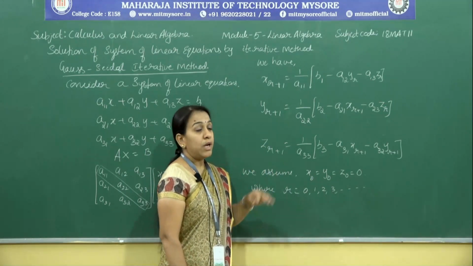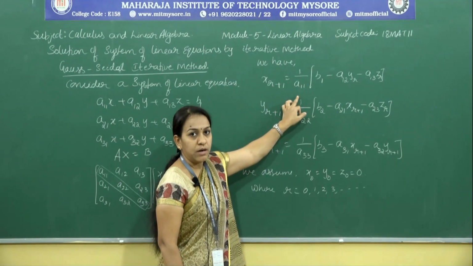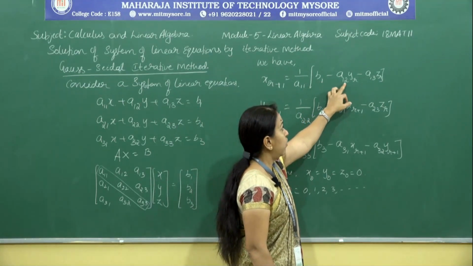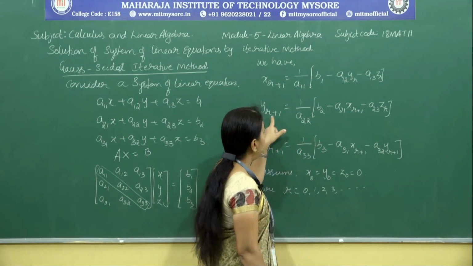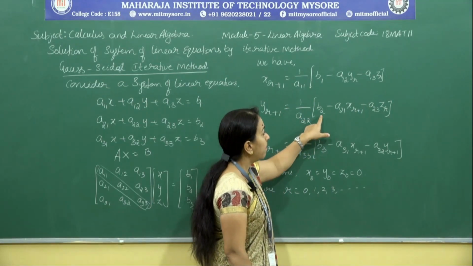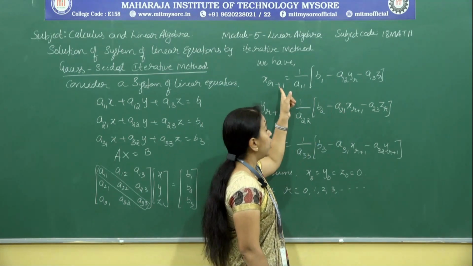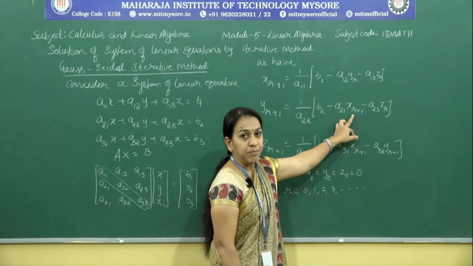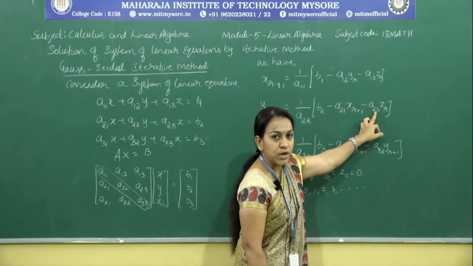Now, what is the formula? x(r+1) is 1 by a11, which is the diagonally dominant element, into b1 minus a12 y(r) minus a13 z(r). Then y(r+1) is 1 by a22 into b2 minus a21 into x(r+1). Here we get x(r+1), so we should use this value, minus a23 into z(r), which is the initial value.